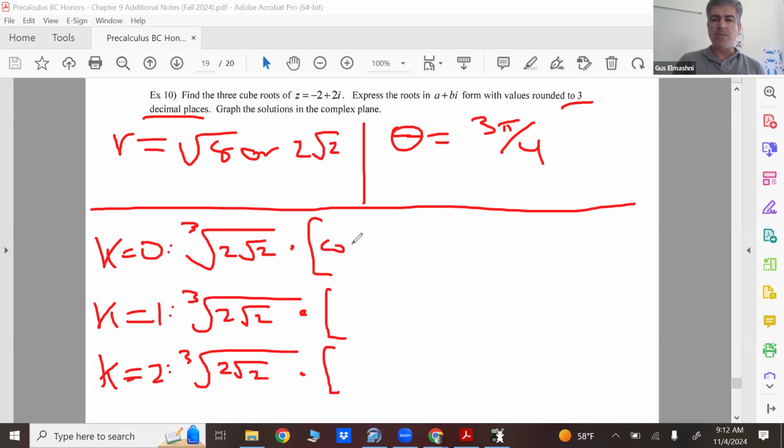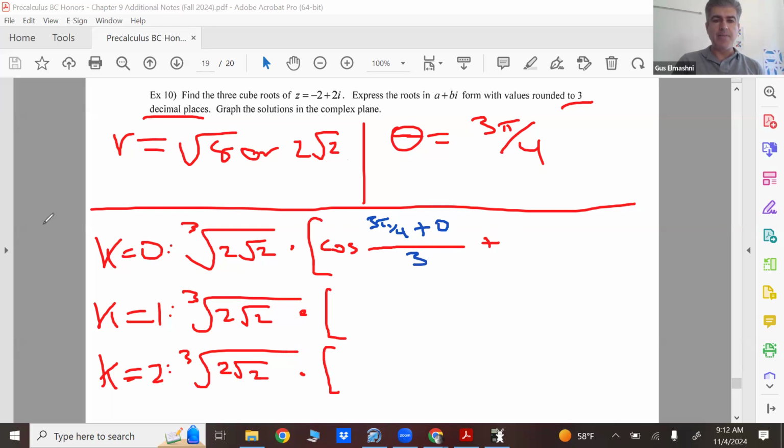Okay, cosine. Now this is where you gotta be really, really careful. What are you gonna put in that fraction? Don't tell me. What are we gonna put? Good. 3 pi over 4 plus 0 over 3.